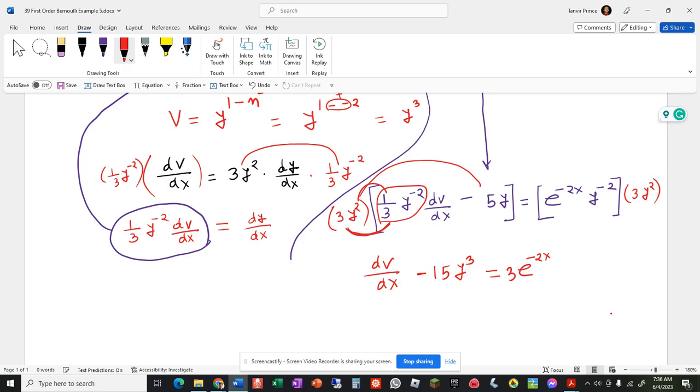So when I multiply here, and then of course y to the power negative 2 and y square, that's just y to the power 0, which is 1. So all I have is 3 e to the negative 2x.